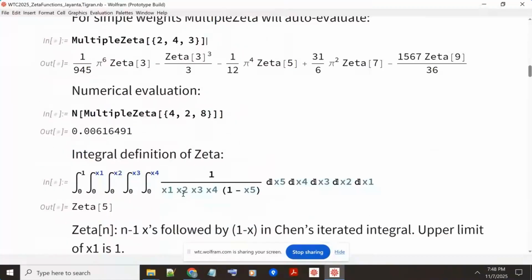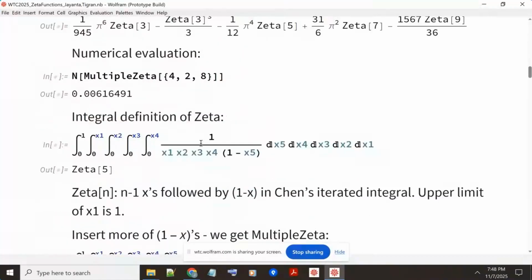Now, this is the integral definition of zeta. These are known as iterated integrals. Here, as you can see, these iterators form a particular pattern. x5 goes from 0 to x4, x4 goes from 0 to x3, and so on. And finally, x1 goes from 0 to 1.